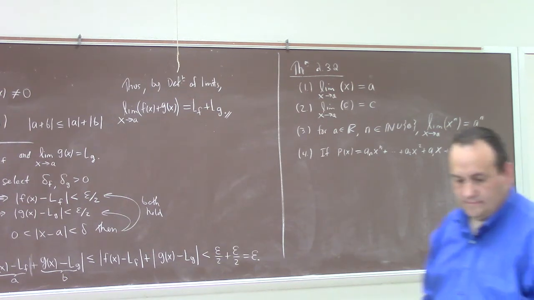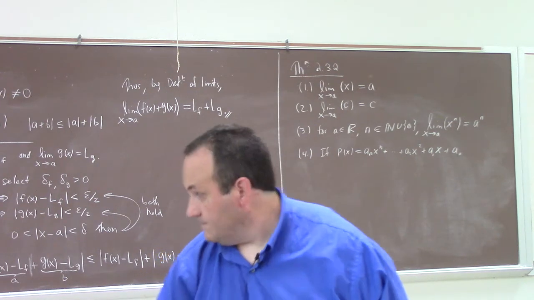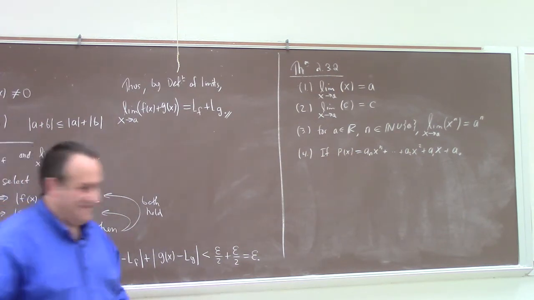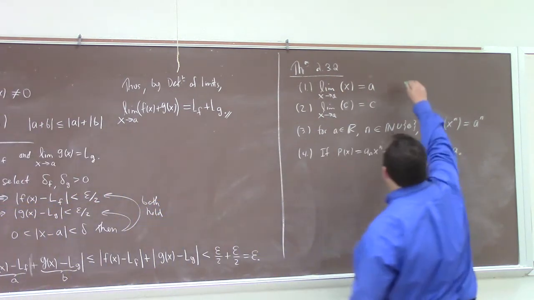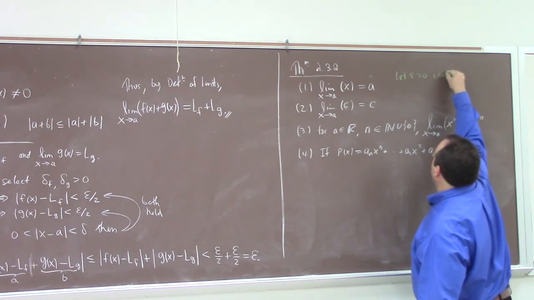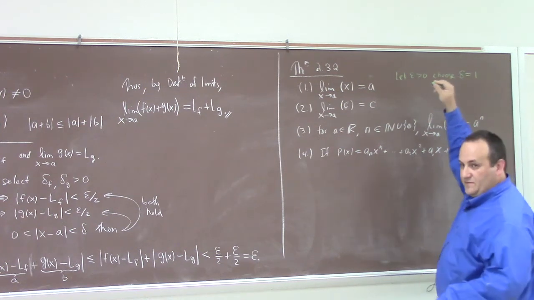Let's see here. So what I'm saying is if you let epsilon be greater than 0, you can choose delta equal to 1. You can make delta whatever you want, actually.